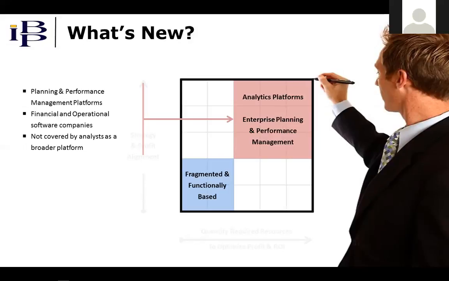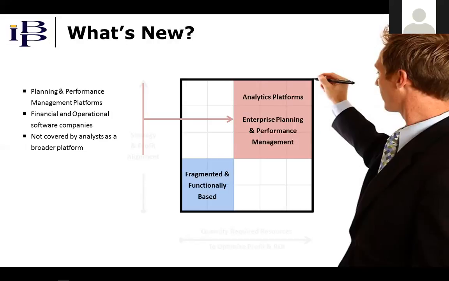So what's really new here, and there really is no universal term to describe this. Some are calling it planning and performance management platforms. And these platforms are being supported by both financial and operational software companies.